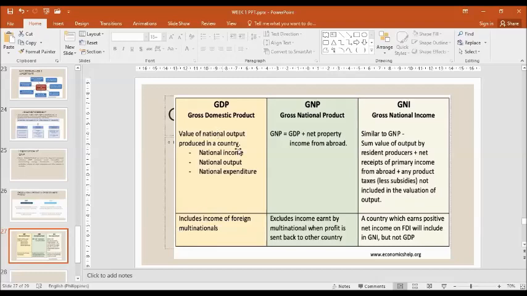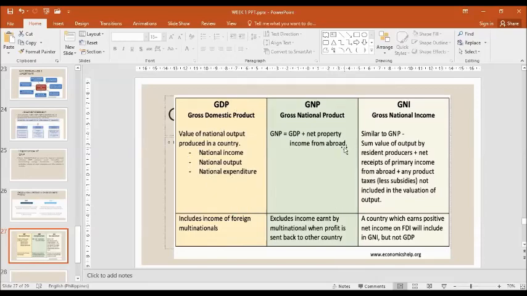So GDP includes the income of foreign multinationals. So for our question earlier, income of a foreign multinational, as long as it is registered within the country, counts under the GDP.